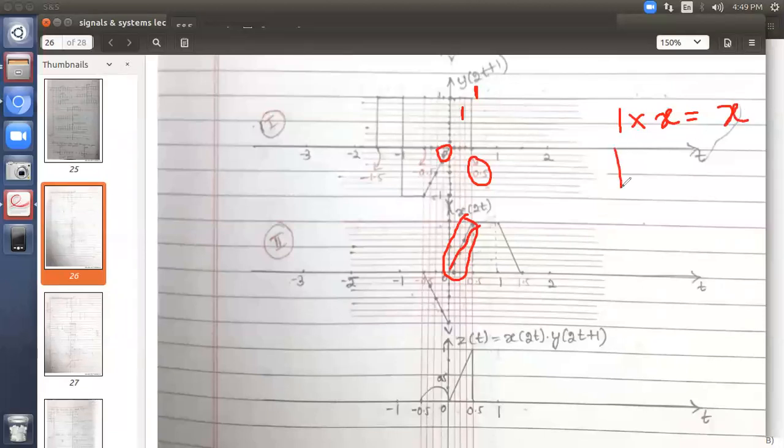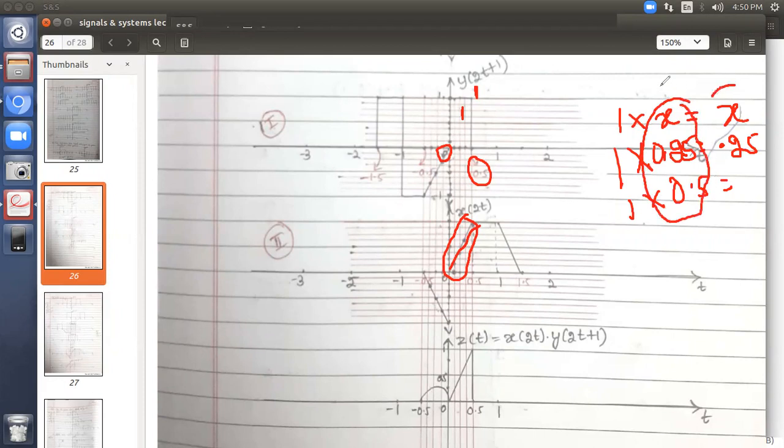If I multiply 1 with 0.25, what will I get? The answer will be 0.25 only. If I multiply 1 with 0.5, what will I get? The same number will be repeated. Whatever the second number is, 1 multiplied by the second number gives you the same number back.